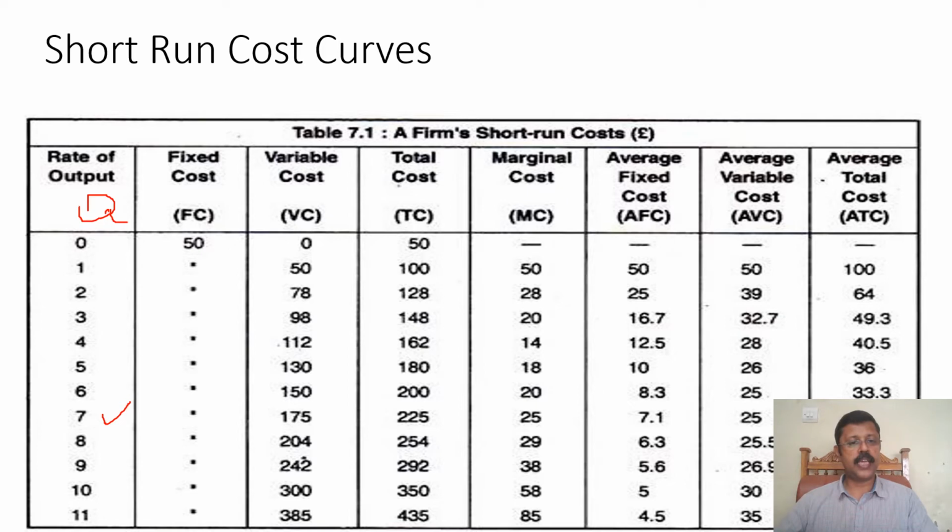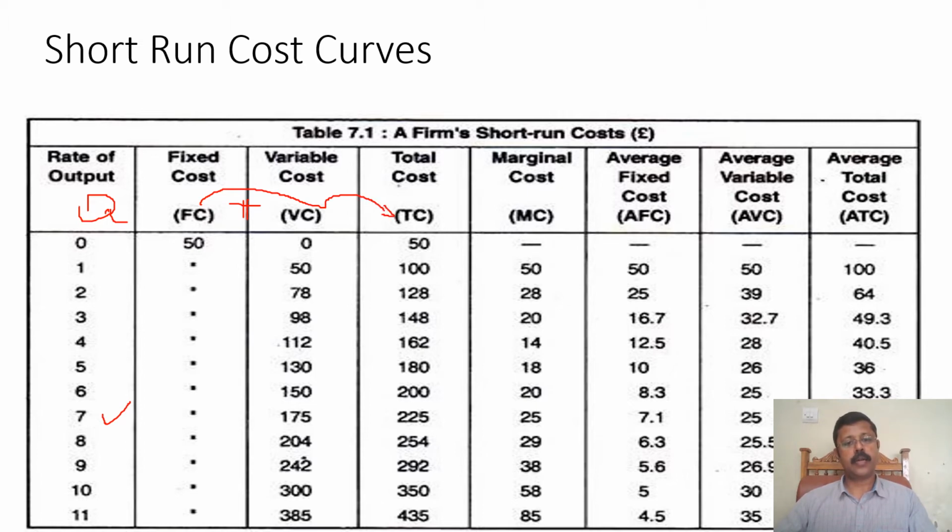Fixed cost is the same in all the cases. Why? Because fixed cost will remain stable at all the levels of output in the short period. Variable cost, whether it is short period or long period, the variable cost will always vary. What about total cost? Total cost is fixed cost plus variable cost. That is, if you add fixed and variable cost together, you will get total cost.